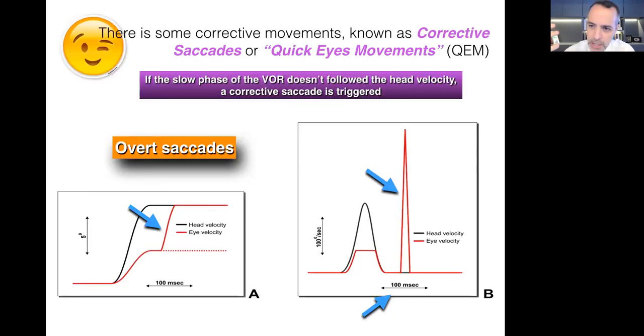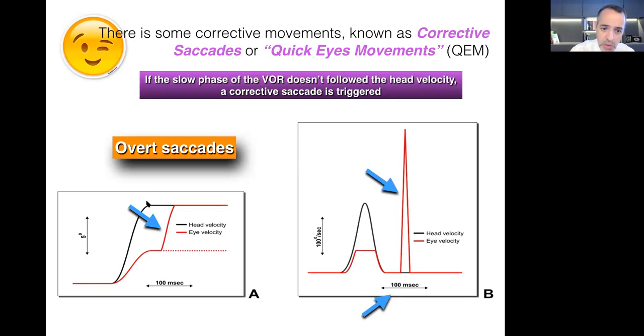What about saccades? What are saccades? Saccades are fast, precise eye movements that are made reflexively to correct a deficit in your VOR gain. So let's imagine here. You move your head to one side, your eyes come here, right?